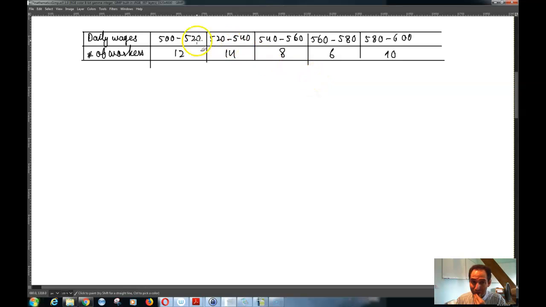Now you want to find the mean of this data. This data is a little bit different from the data that we had in the previous examples, meaning that the class intervals are a little bit too large. I'll show you what I mean by that while we are solving the problem.